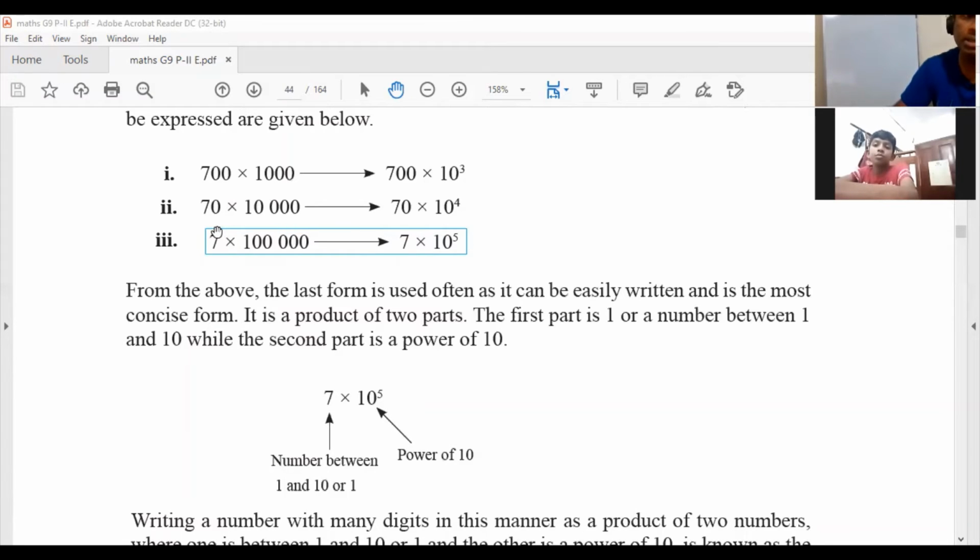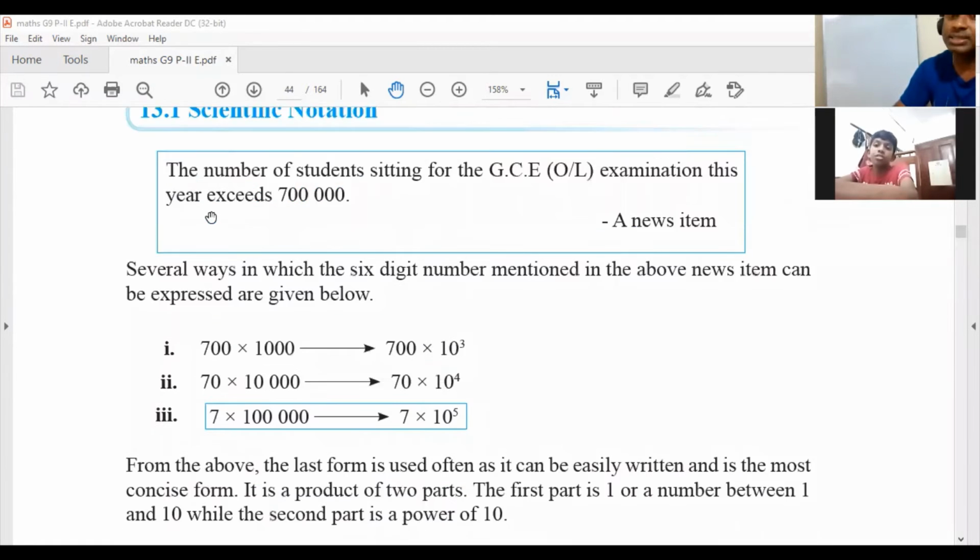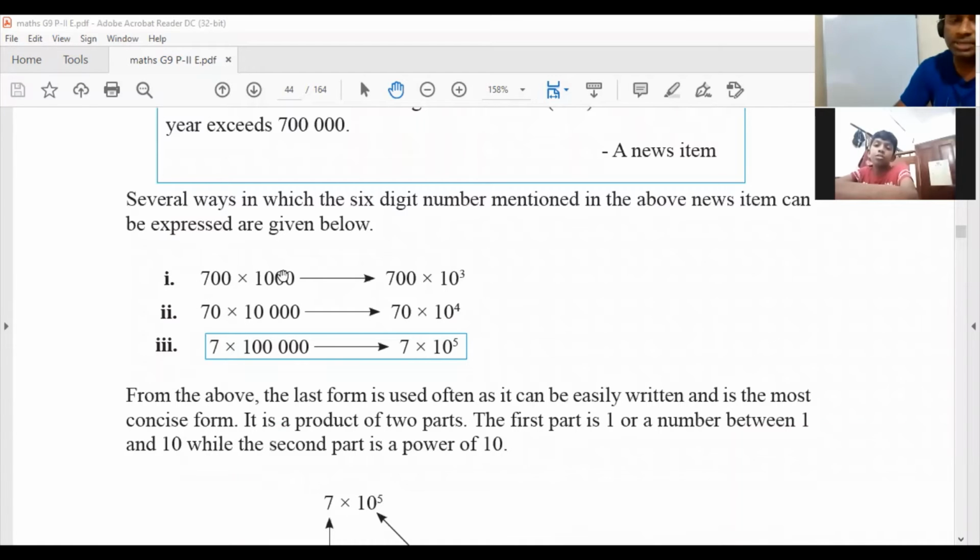This is the scientific notation. We don't consider the other ones as scientific notations. There is a reason. Can you identify the reason? Because of the shortest form. The shortest form is the last one.